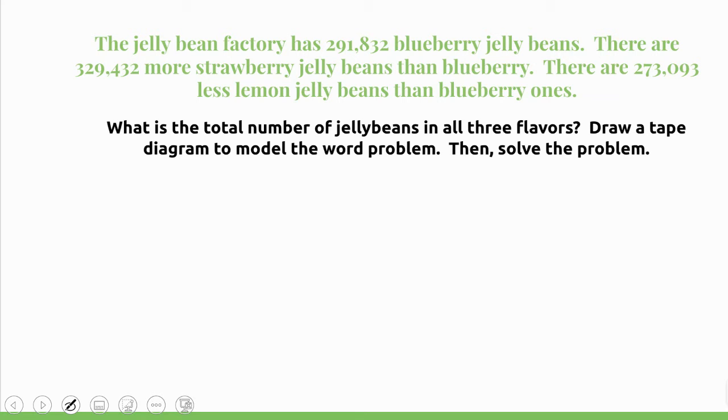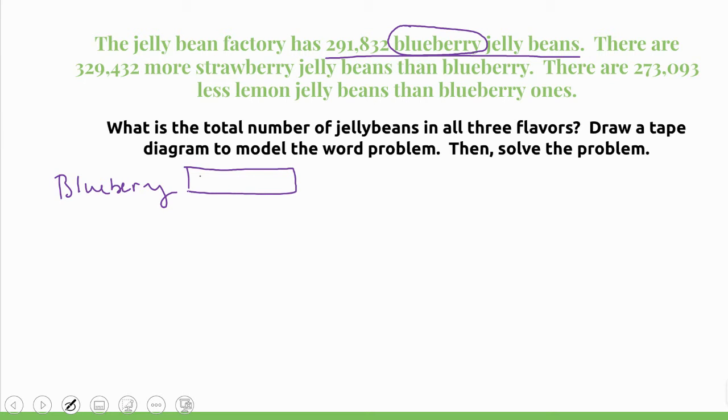All right, so there's a couple of key things you need to look at. So we know 291,832 blueberry jelly beans. Okay? So we can say that for sure. Blueberry. We've got 291,832 of those. Okay? There are 329,000 more. Okay, keyword here, more strawberry jelly beans than blueberry. Okay, strawberry.